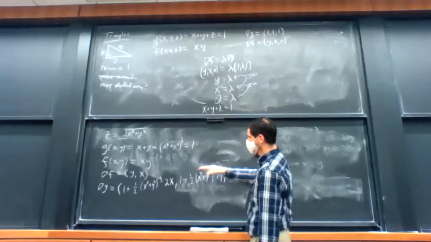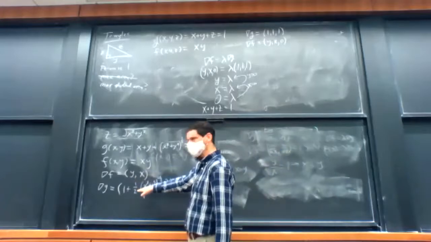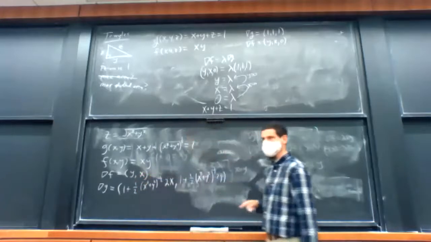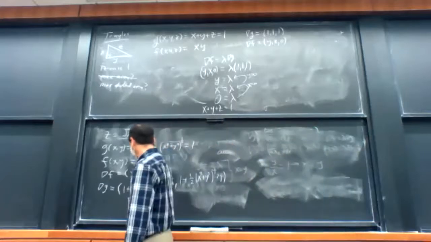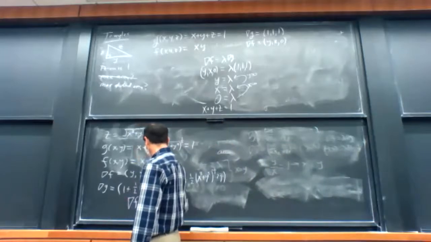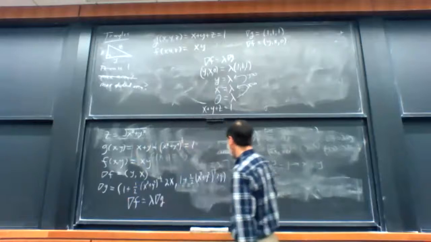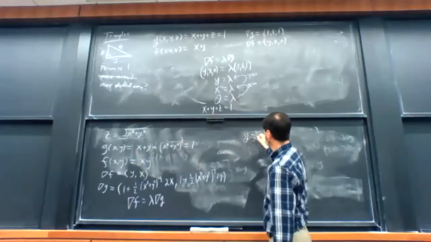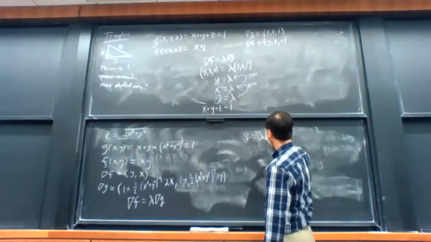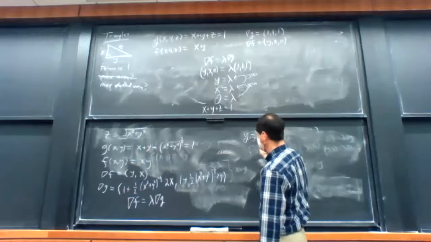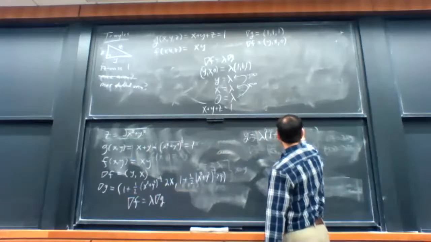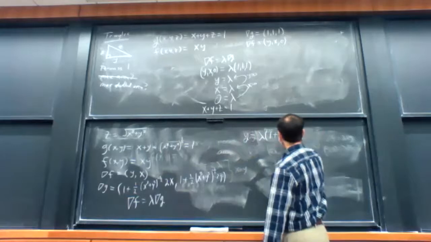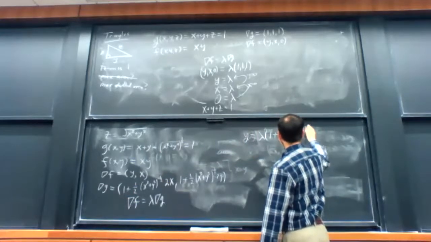So we get y equals lambda times this, x equals lambda times that. So we're going to write things very carefully. Gradient of f is lambda gradient of g. So I get y is equal to lambda times 1 plus, the 2 cancels the 1/2, x divided by square root of x squared plus y squared.